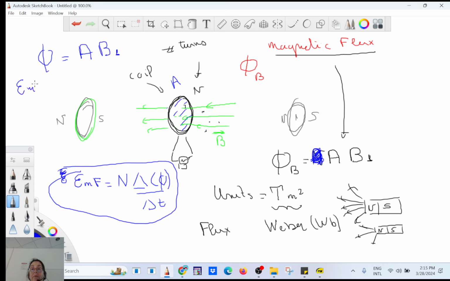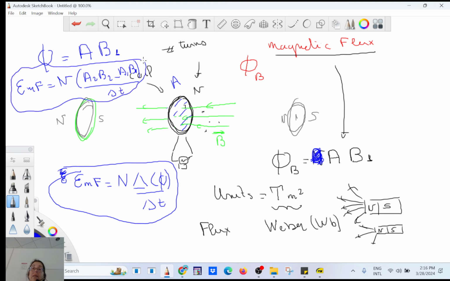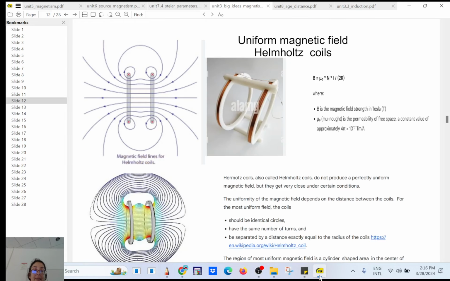So the EMF will be equal to the number of loops. You can put n here, but don't put it twice. So I took the n out. It will be the number of loops times A2B2 minus A1B1, divided by the time elapsed. Okay, so that's what we did last time.